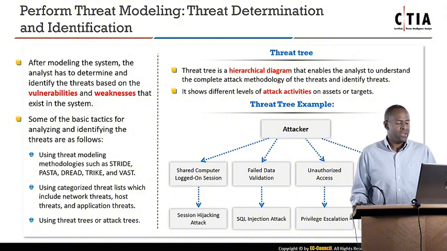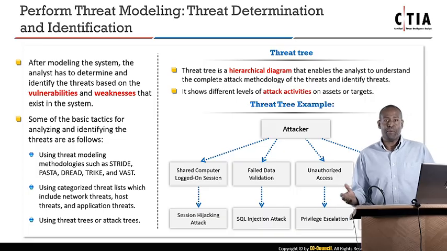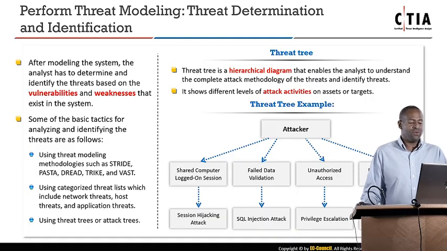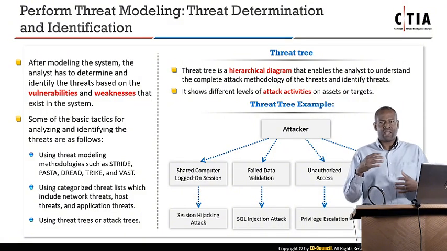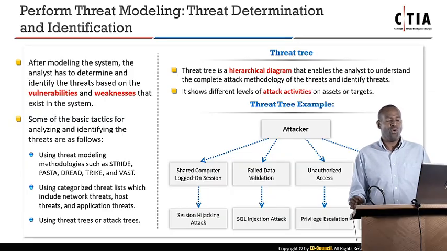So we see all of these as some of the models that we can use for threat modeling. Bullet point number 2 is that we use categorized threat lists, which will give us, for instance, network threats, host threats, and application threats. So we categorize them, and then we can use threat trees or attack trees. What these do is put it in a hierarchical order so that we understand what gets the most focus.